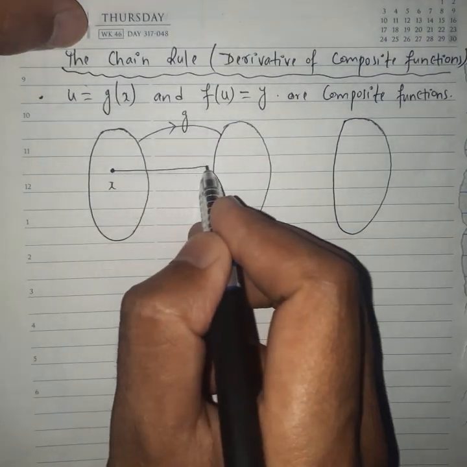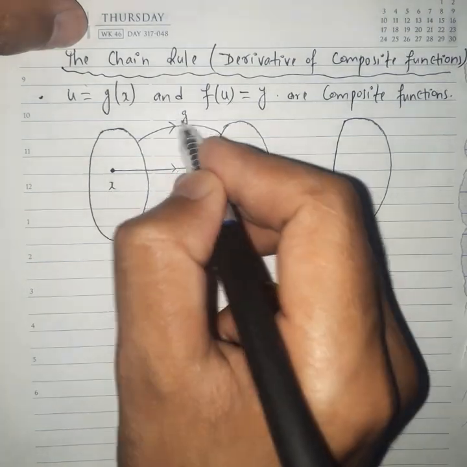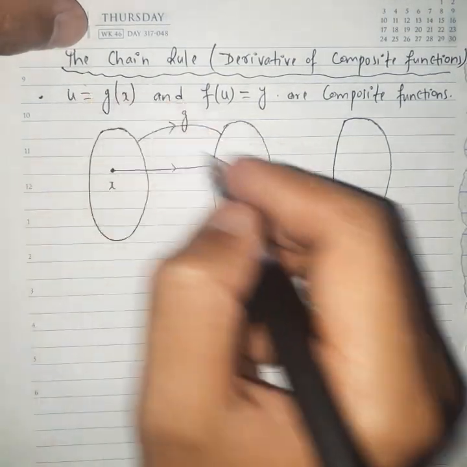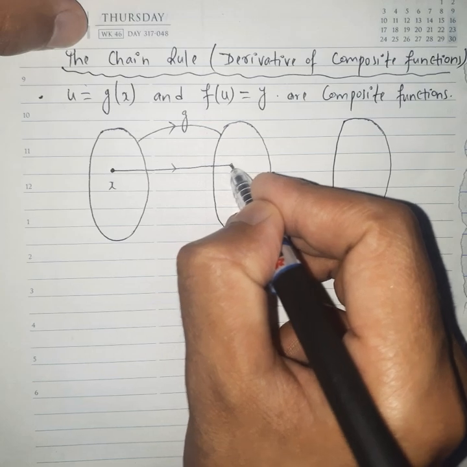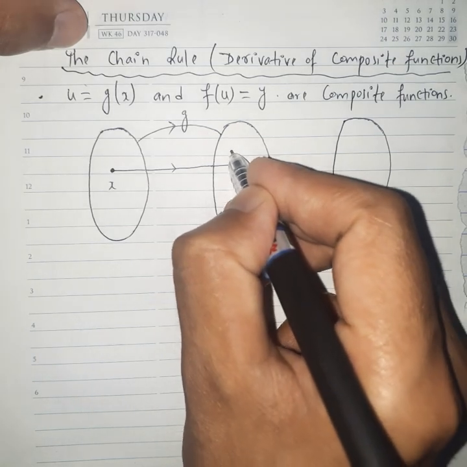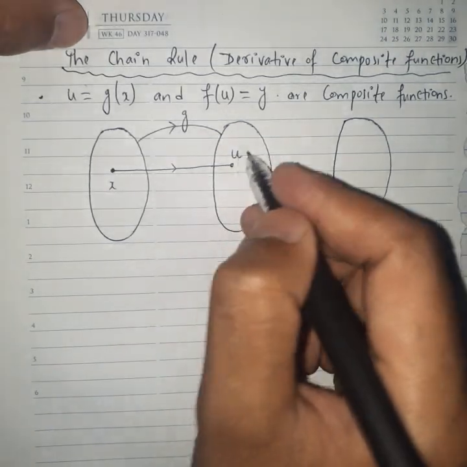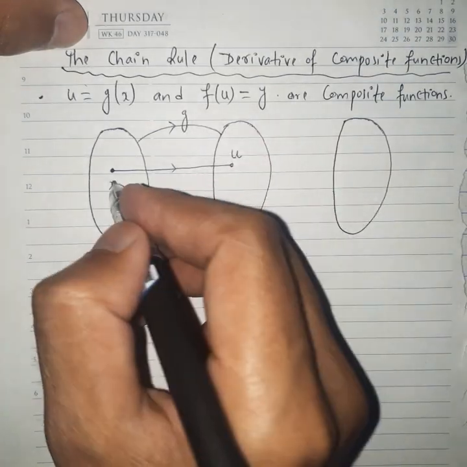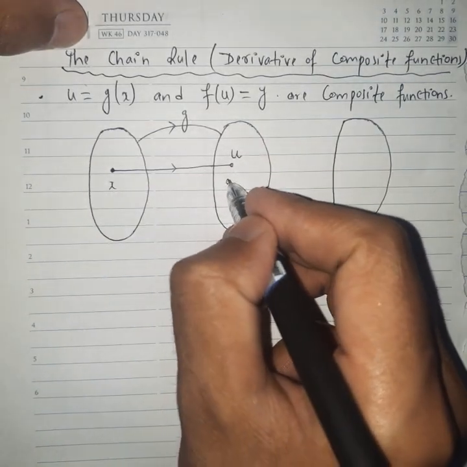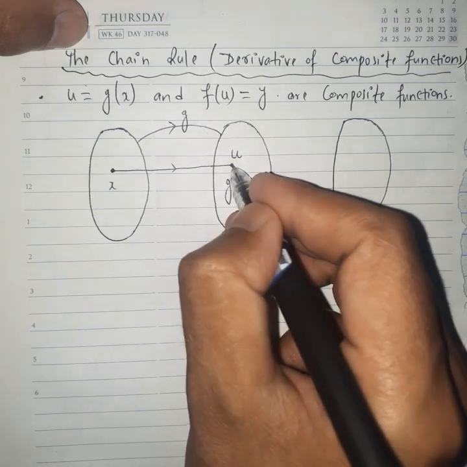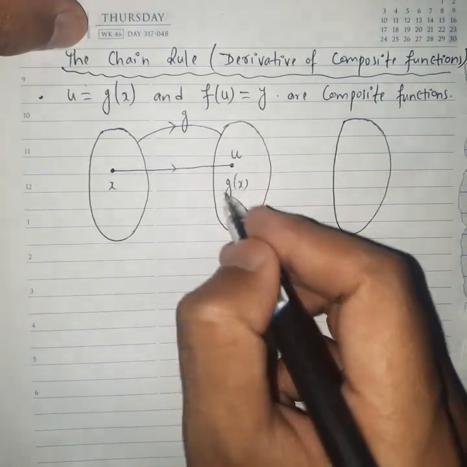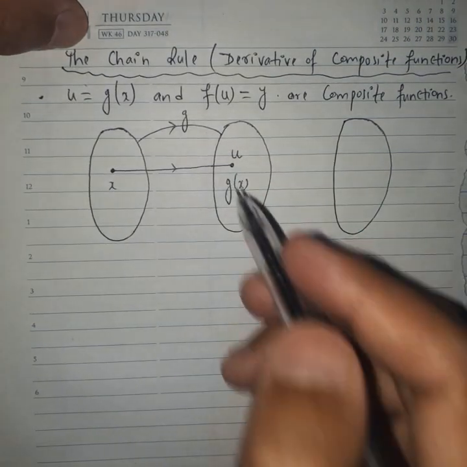By taking x as an input, this function g produces the output u. This corresponding output is u. Here u means g of x also. u and g of x are the same here.